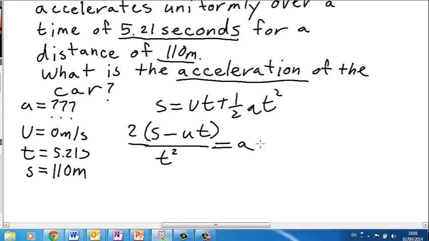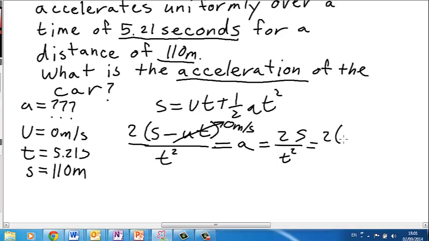Okay. Next I can plug in my values. So I know that this value is 0 for u, so I know this whole term will drop out because it's 0 meters per second. So I am left with 2s over t squared equals our acceleration.